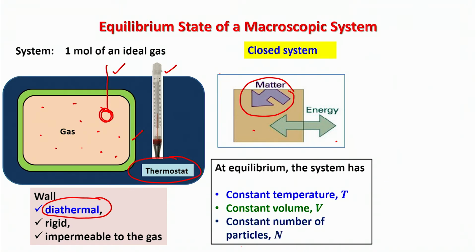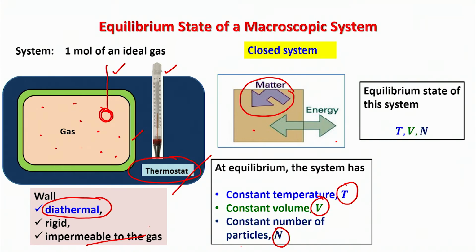The system will be characterized by a constant value of the temperature, which is equal to the temperature of the thermostat. There will be a constant volume of the gas, and there will be a constant number of particles simply because the stainless steel wall without holes is still impermeable to the gas. So under such condition, I will define the equilibrium state of the system in terms of these three variables: the temperature, volume, and the number of particles.